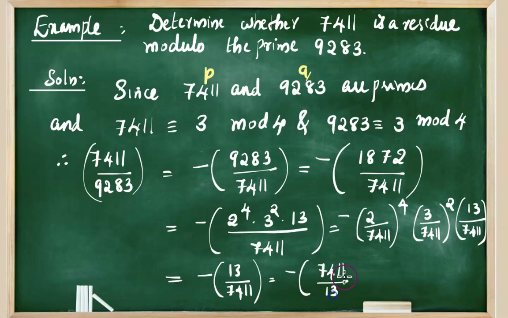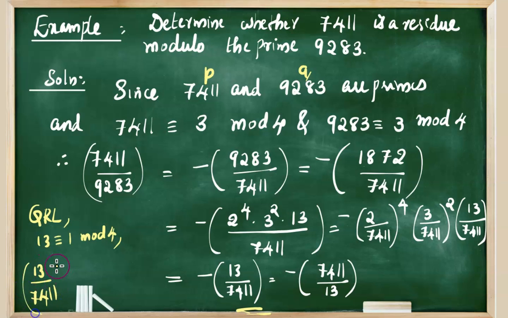That is equal to minus 7411 by 13. Since when we apply quadratic reciprocity law here, since 13 is congruent to 1 modulo 4, we will get the result Legendre symbol 13 by 7411 is equal to 7411 by 13 itself. That is p by q is equal to q by p for these two primes.